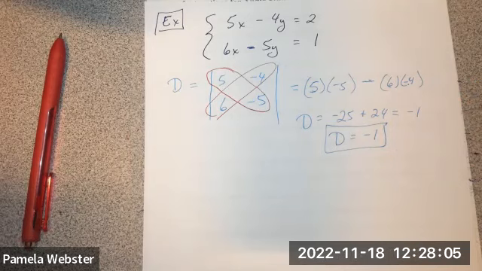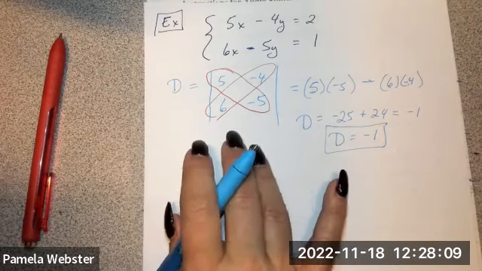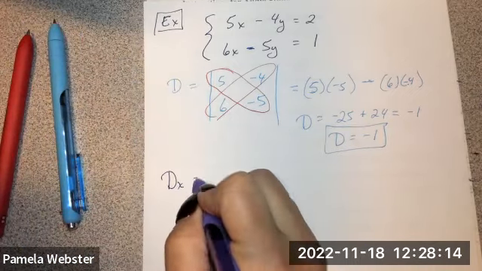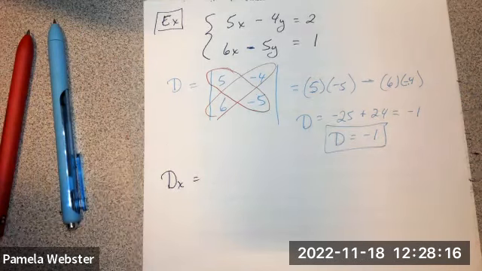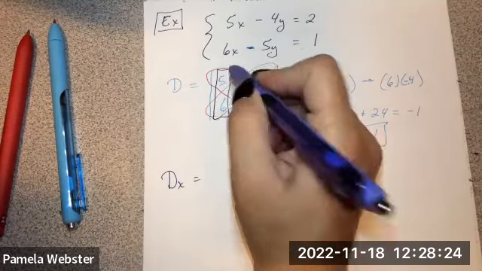Okay, and then we're going to do the D sub X, but we're going to work off of this guy. Okay, so remember, when I go to do the D sub X, you can use the formula that I had up here a second ago, but if it confuses you with all the A sub 1s and all that stuff, don't worry about it. Just think, I'm going to solve for the x guys, right?